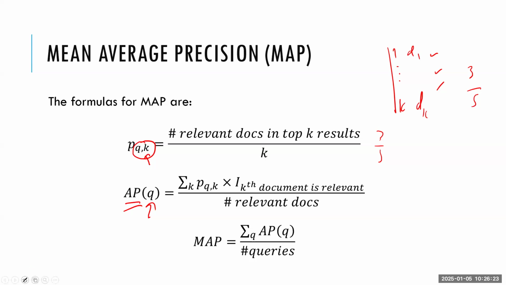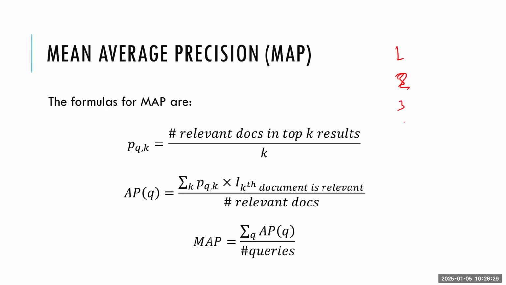So let's say my list, I have the top four, and I have D1, D2, D3, D4. And let's say the relevance to be 1, 0, 1, 1.